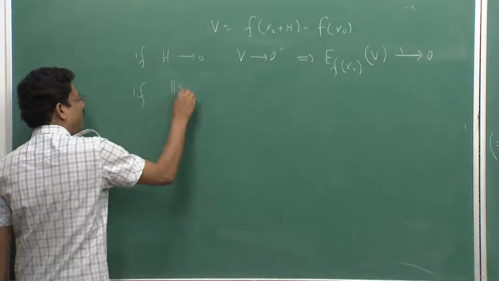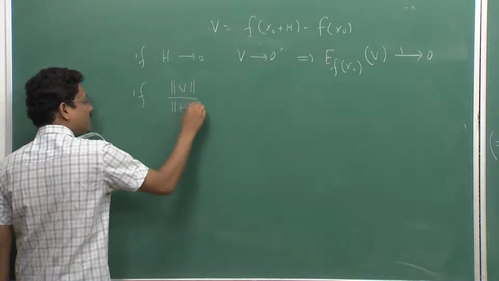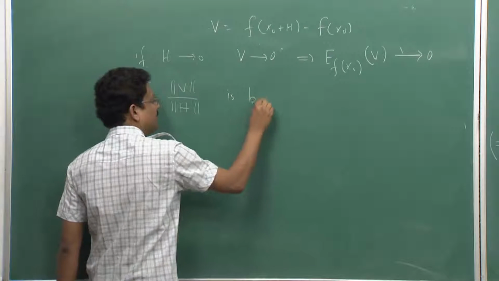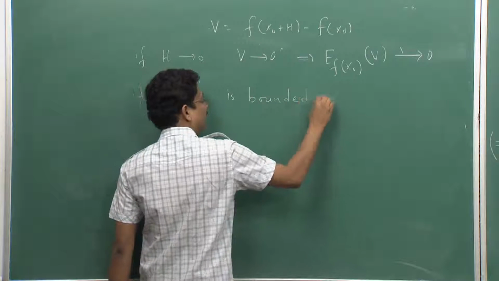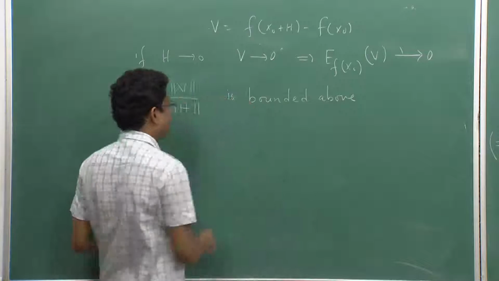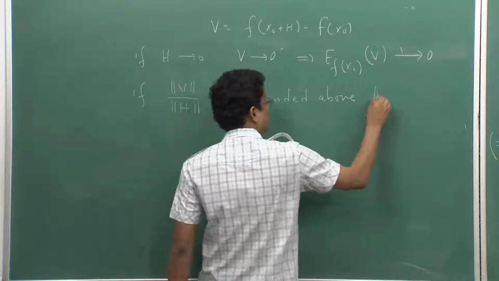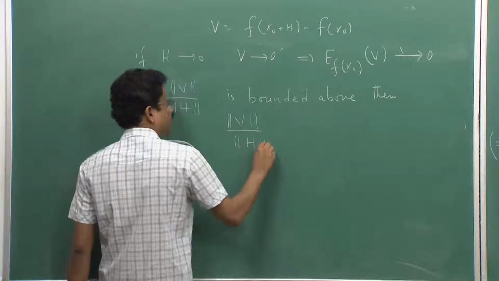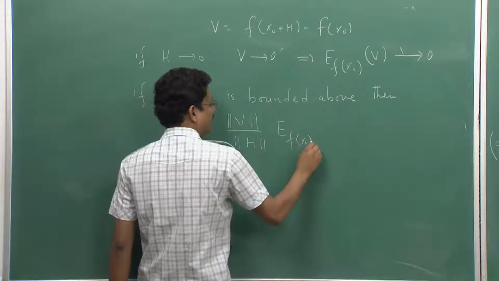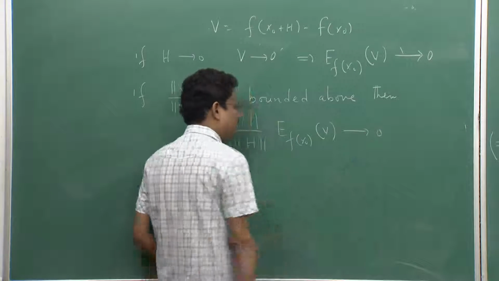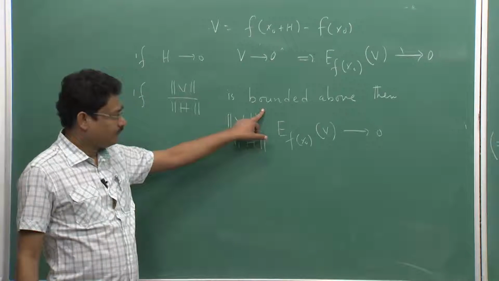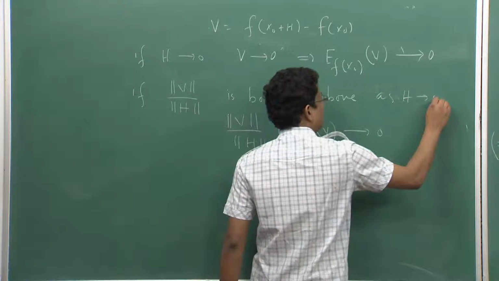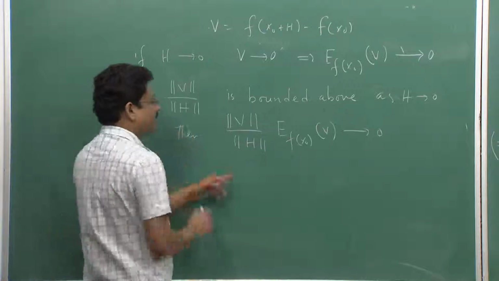If norm V by norm h, something goes to 0 and this is a scalar. If this is bounded above, this is a positive quantity, bounded below by 0 and bounded above, then if I multiply something bounded above as h goes to 0 with something that goes to 0, that goes to 0.